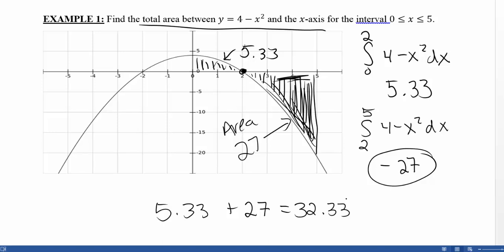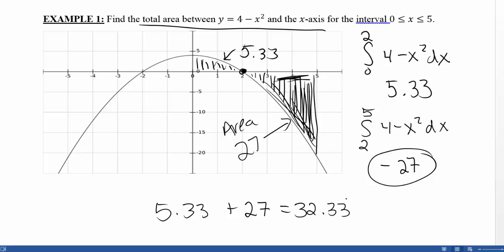But I have to be very cautious about where the area is positive and negative and make sure that I compute my negative area separately so that I could count it as positive. If I had just integrated this function from 0 to 5, then I would have ended up with negative 21.66.